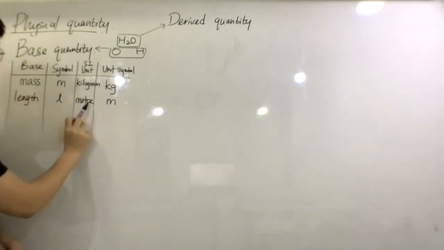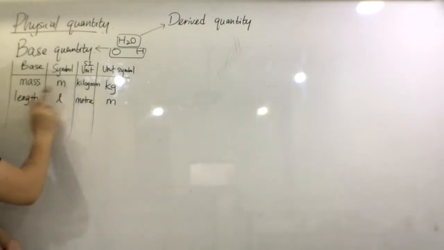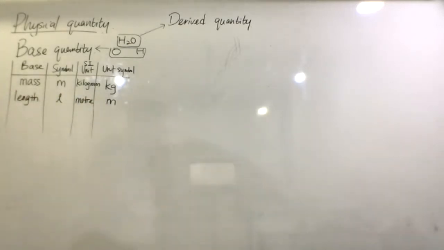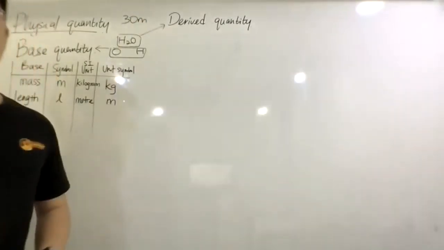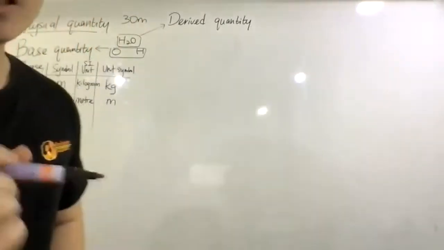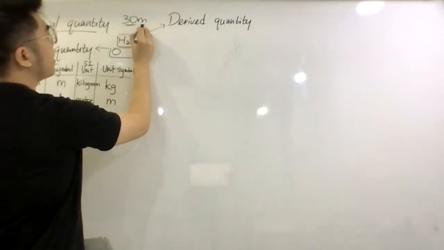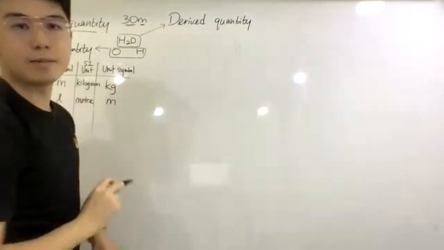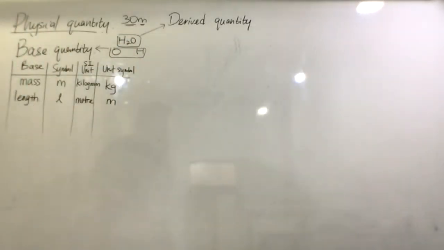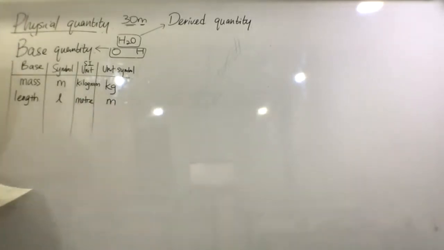How do you know whether this is the unit of length or whether it is mass? You see, there must be a number in front. If I write 30 m, followed by a number, what is it? A unit is preceded by a number. So if you have a number here, then this must be meter. Please don't go and say, oh, this is the mass. No. You must have a number and a unit. All right. So length, L, meter, m.